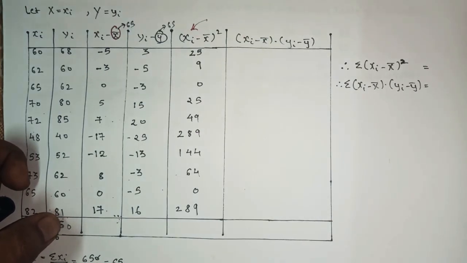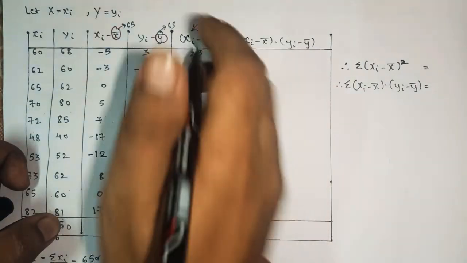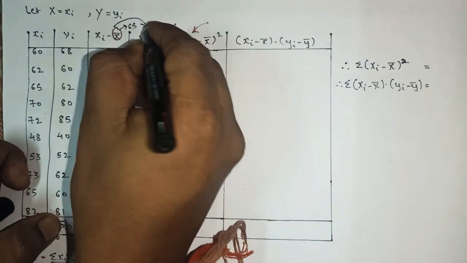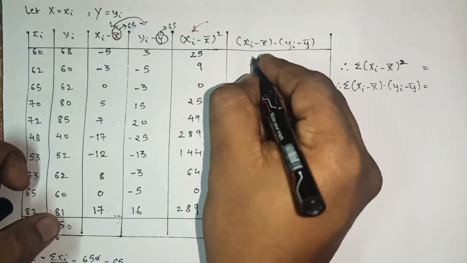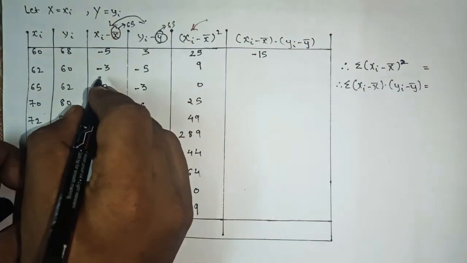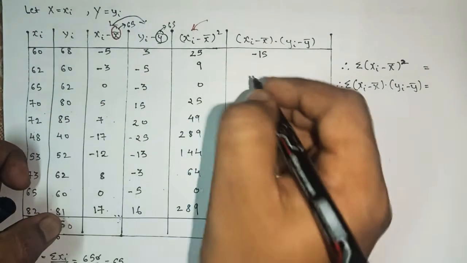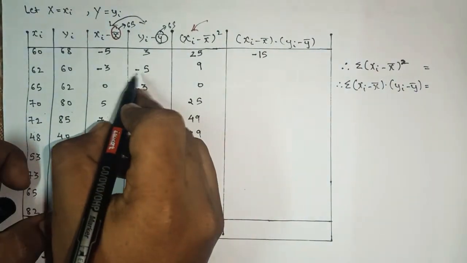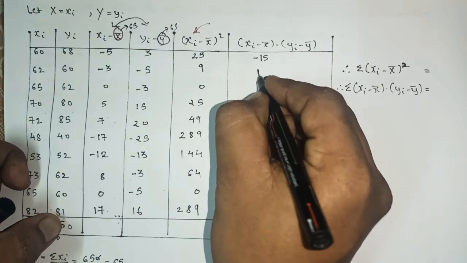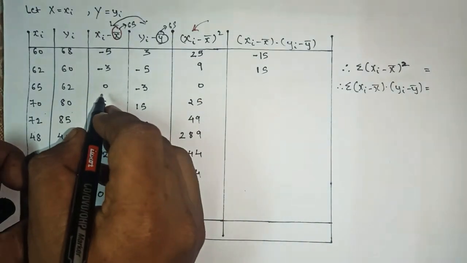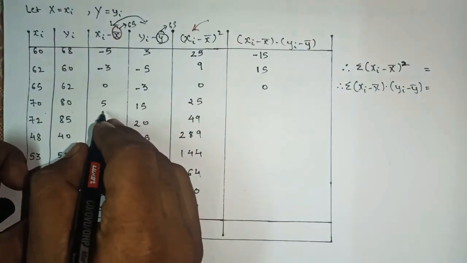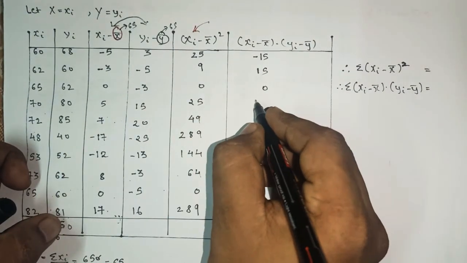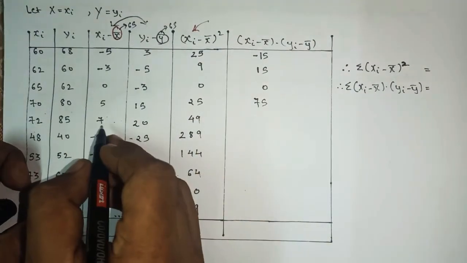And the last one: we have to multiply these two. Minus 5 into 3 is minus 15. Minus 3 into minus 5, because minus into minus is plus, is 15. 0 into minus 3 is 0. 15 fives are 75.